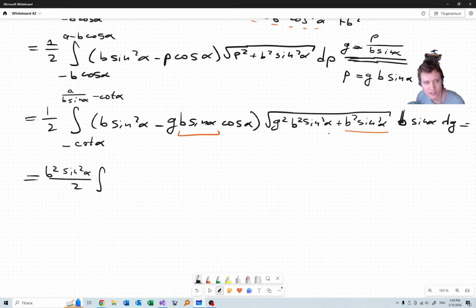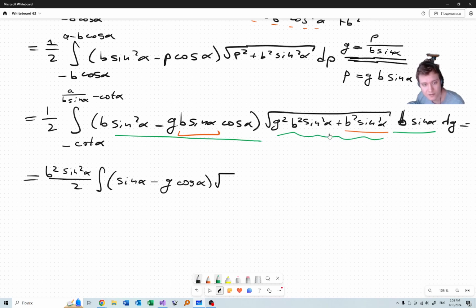So inside we still have sine alpha minus g cosine alpha times square root of... Actually, we have it 3 times, because once we have it here, the second time we have it here, and the third time we have it here.